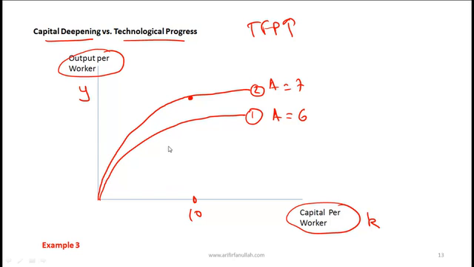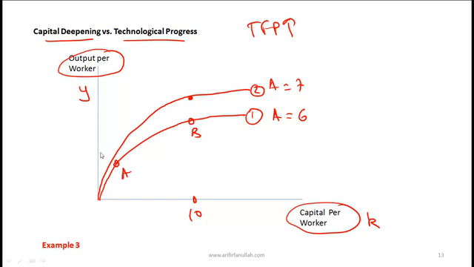So if you have a situation where you are moving from point A to point B, the move from point A to point B is due to capital deepening. So you moved from A to B based on more capital per labor.